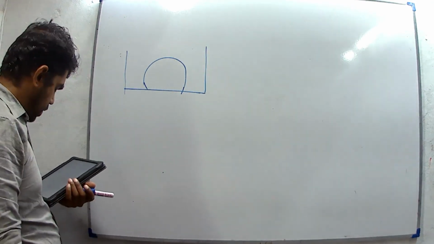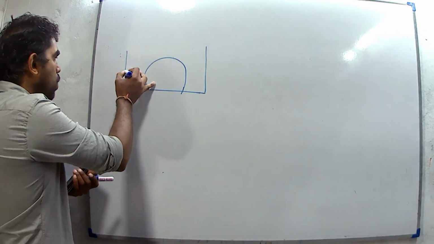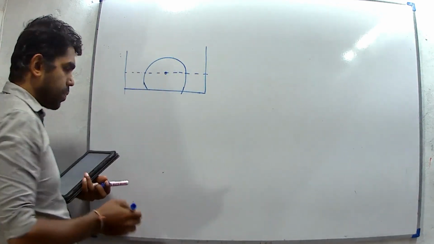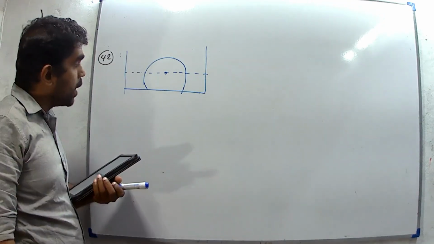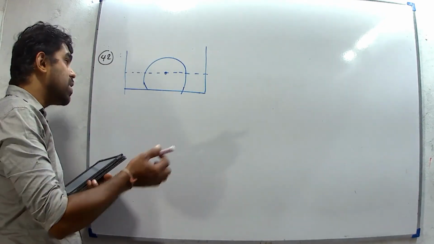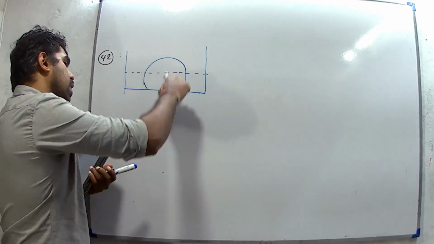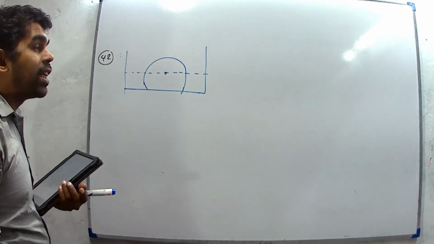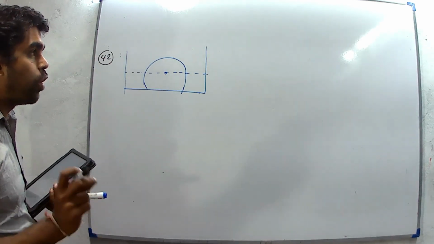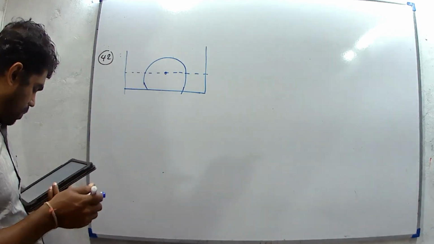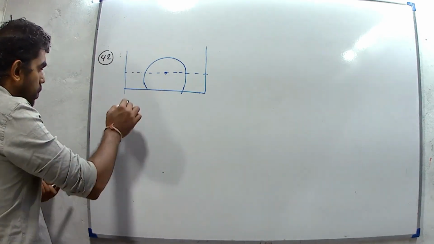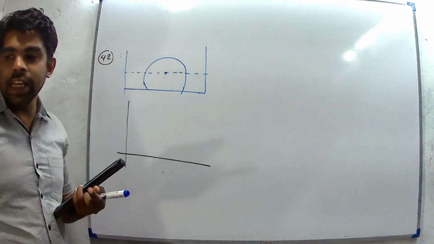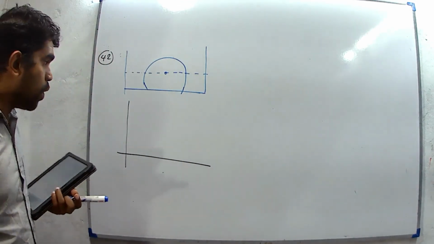We know that when increasing the H value from 0 to the center level, the increment of immersed volume of this sphere is increasing with time. Therefore, upthrust is V rho G, where V is the immersed volume.